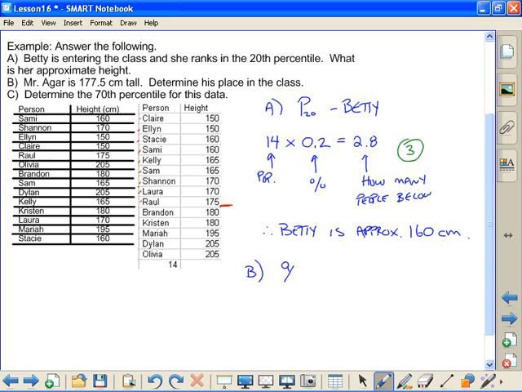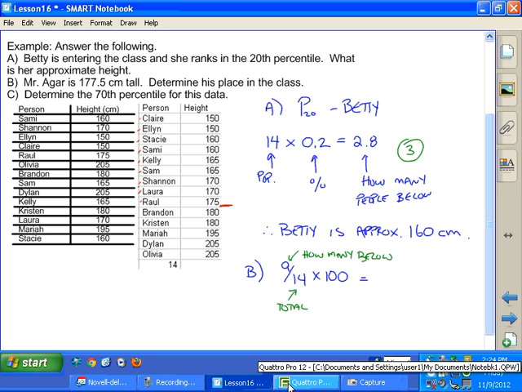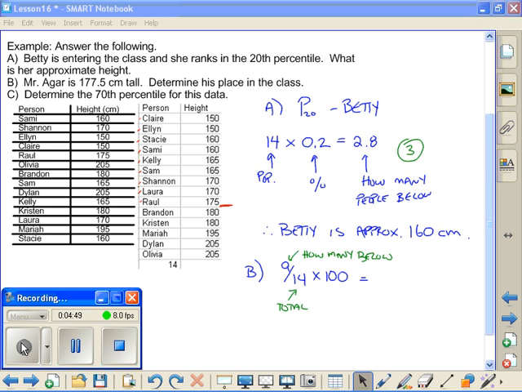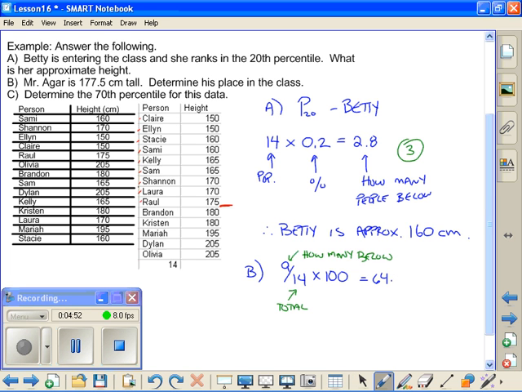So 9 out of 14 times 100. We're just doing a percentage. Here's your total, and here is how many below. So it's just rearranging the equation from above, and I'll show that in a second. When we do that, we find that it is 64.2%.